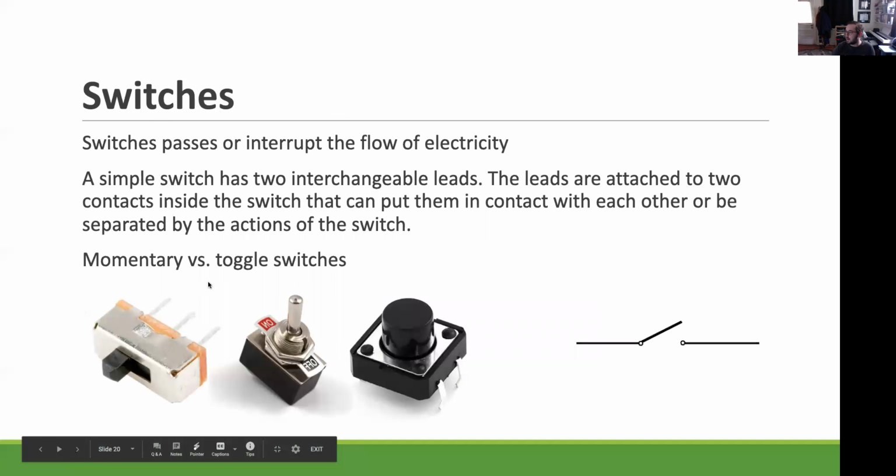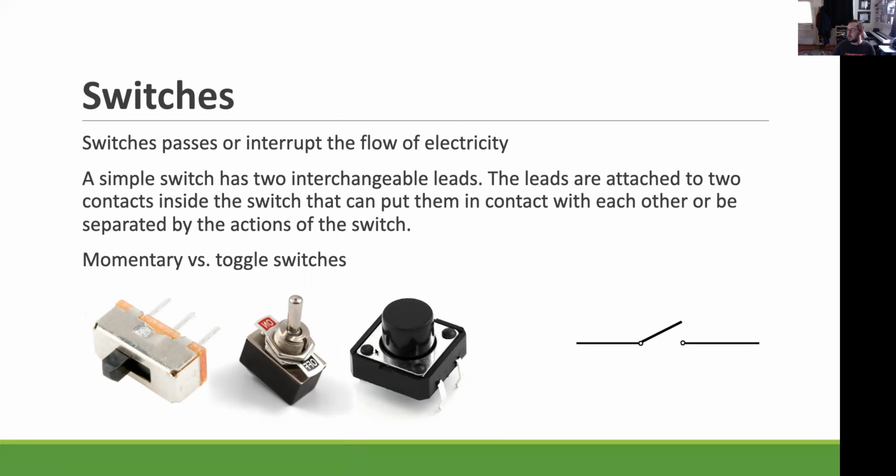I've talked about switches a little bit, and they essentially pass or interrupt the flow of electricity. A switch is essentially also a button. There are 2 contacts inside of it, and you either connect them or don't. Here are some toggle switches where you slide them back and forth, and as long as it's in the on position, it'll pass the current, and if it's in the off position, it won't.